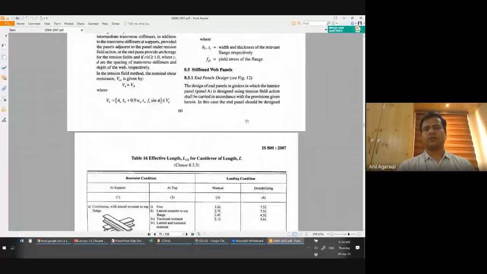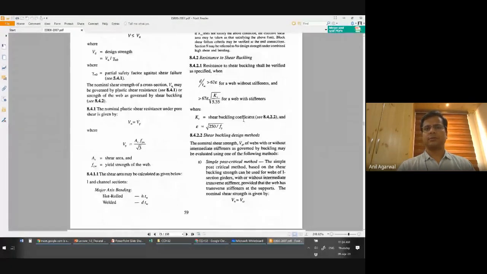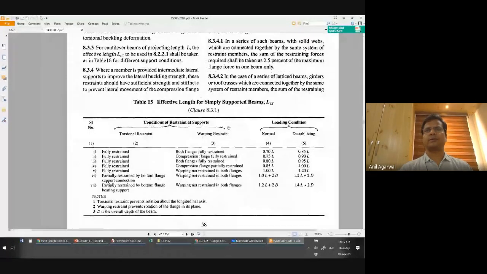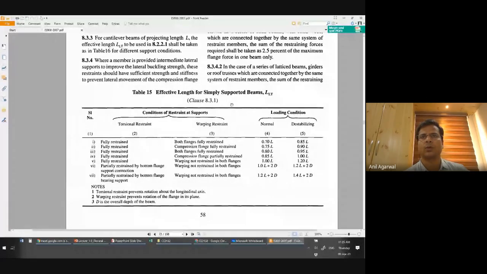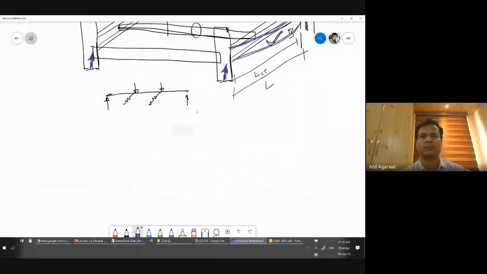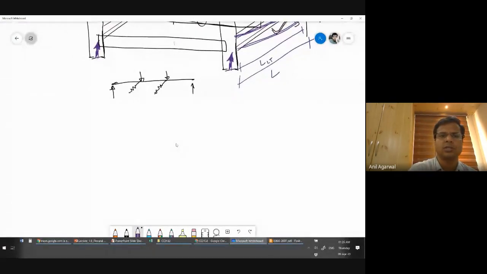First we will talk about simply supported beams. Simply supported beams are the beams that are supported at both ends, right? Even continuous beams are kind of part of the simply supported beams category. So two different classifications are made. One is simply supported beam, that means beams that are supported at both ends, so these kind of beams.